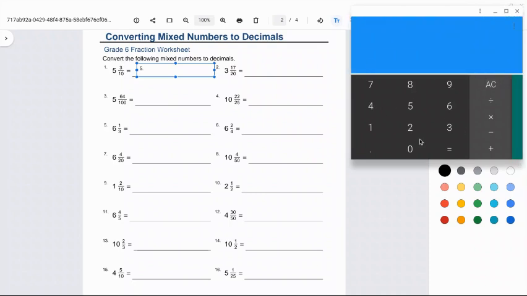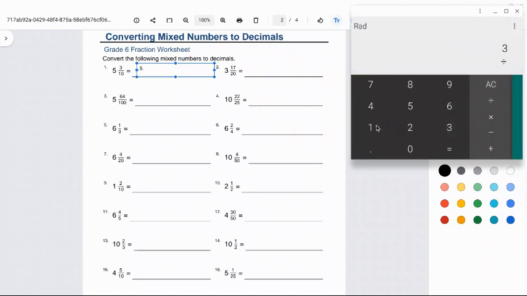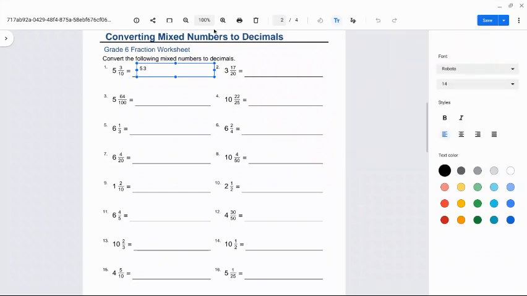All clear on my calculator. 3 divided by 10 is going to give me 0.3. And I'm only interested in the number after the decimal, because I already know I have a 5 in the ones column. My mixed number, my 5, told me that. So I have 5.3. And let's do 2 more from this page.